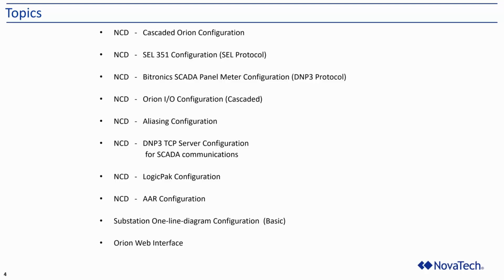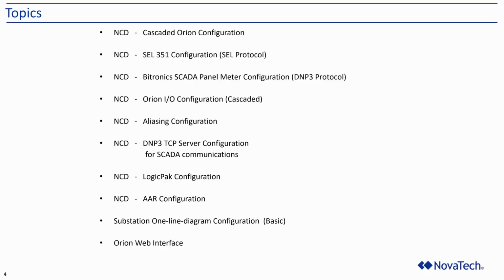He'll also set up a DNP master port over TCP/IP to talk to a Bitronics SCADA panel meter. I'll jump back in and work on the configuration of the Orion I/O and add in configuration of captions and aliasing to further define those statuses.